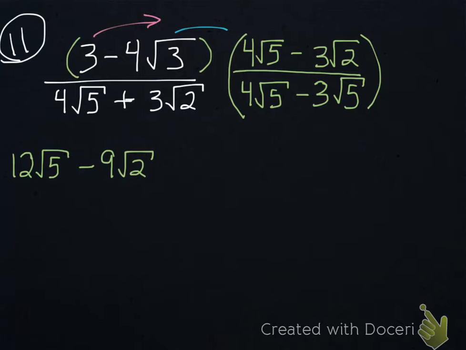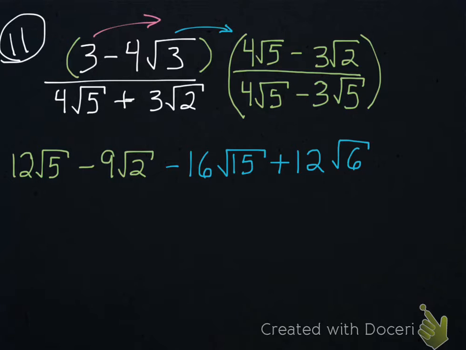Now, the second term. 4 times 4 is 16. So I have 16 square root, multiply that, 3 times 5 is 15. Second term, 3 times 4 gives me 12. Negative and negative make positive. 3 times 2 is 6.